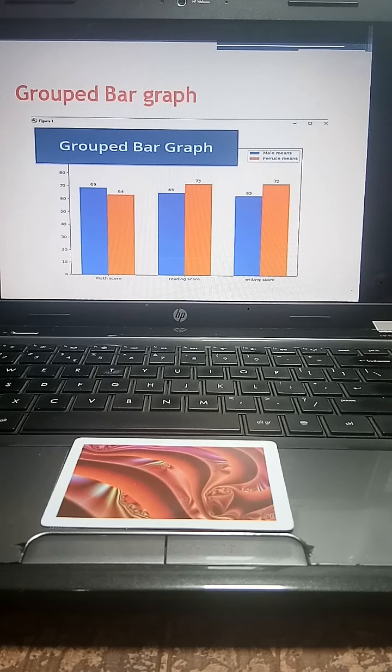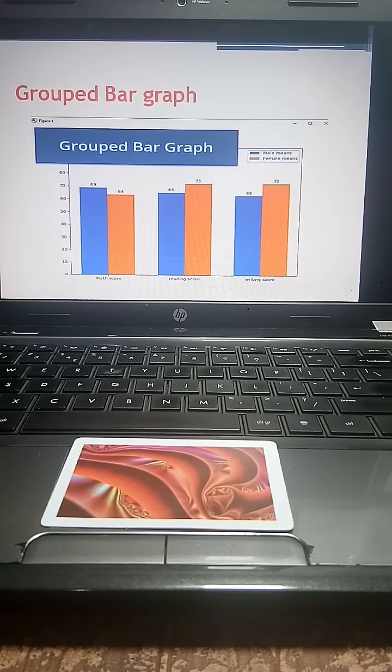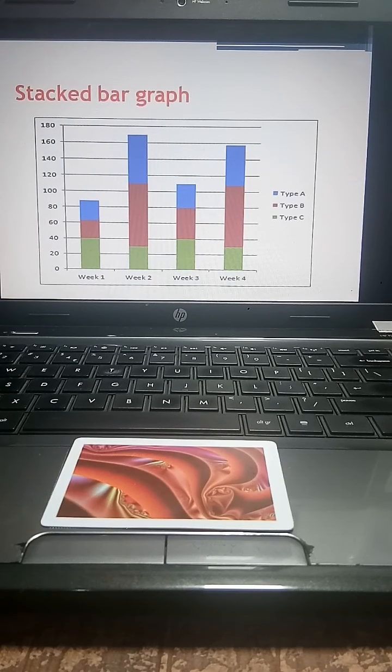Then the third one shows the writing score of the male and female. So in this case we can group two categories or three categories. It depends on the different variables. So that graph is known as the grouped bar graph.